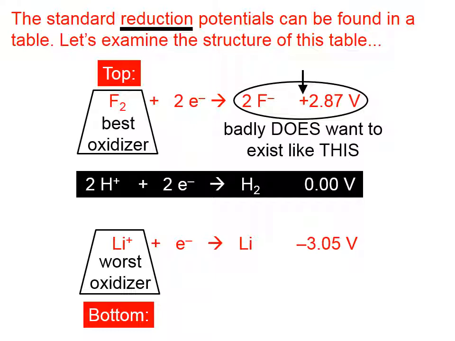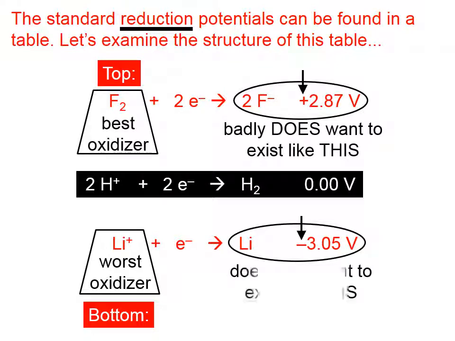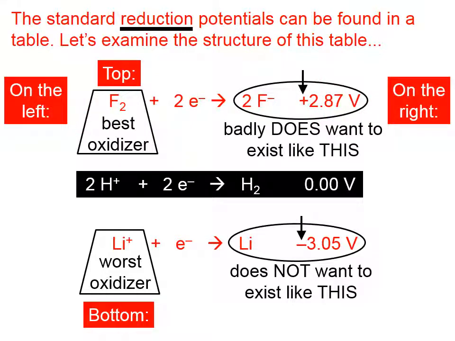On the other hand, if we look at the bottom, we see that there's a negative sign in front of this reduction potential. This suggests that lithium does really not want to exist as neutral lithium. Those are just a few general ideas to give you some sort of basis for evaluating this reduction potential table.